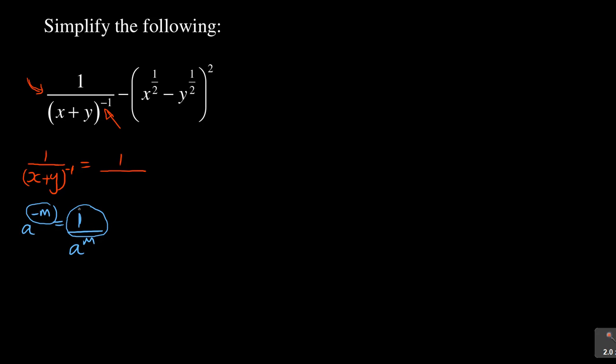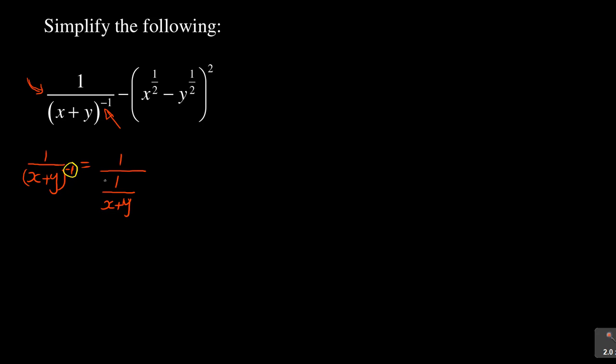In the same way, to get rid of this negative sign here, I must put another 1 over, and then I can write it as x plus y. I can leave it like that, or write it to the power positive 1, which is the same as x plus y in this case.